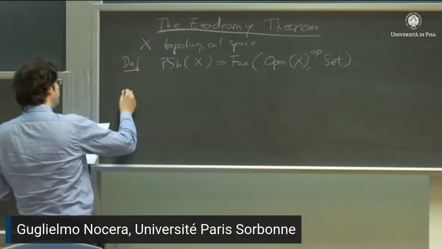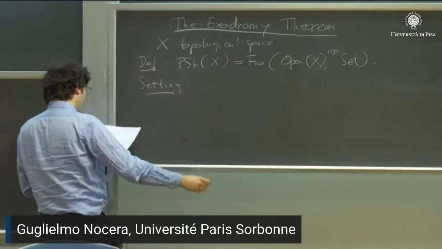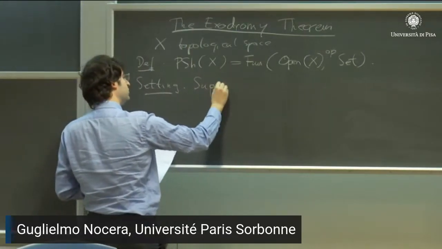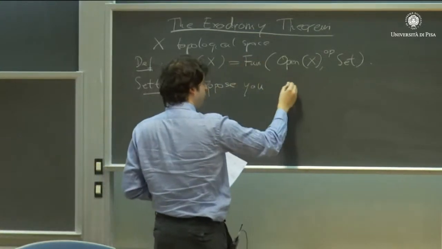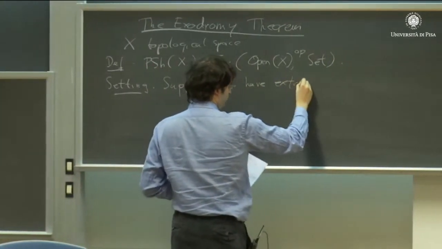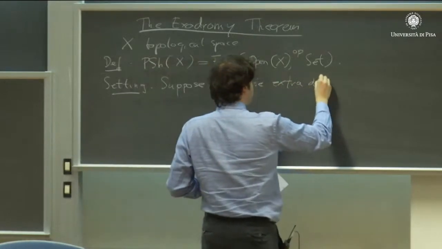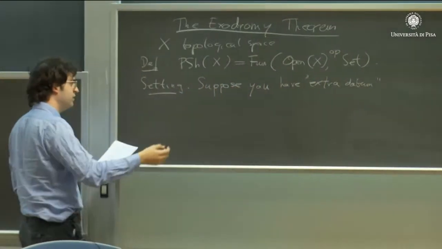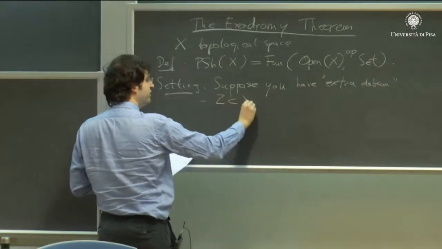So for example, setting: let X be a topological space, and suppose you have an extra datum, extra structure. I will be more precise later. Now I'm just trying to converge to what I want. For now, extra datum means mathematically nothing. For example, the datum of a closed subset.